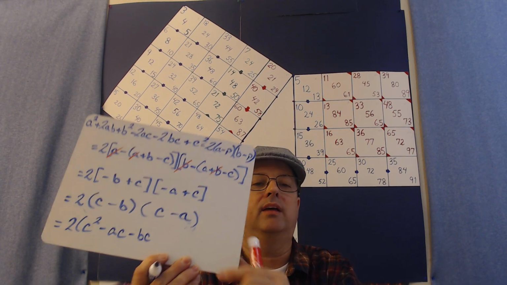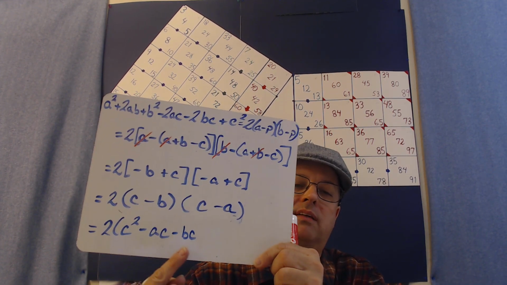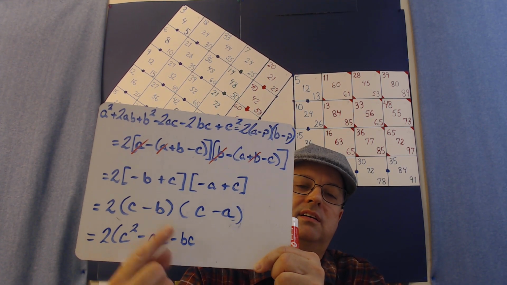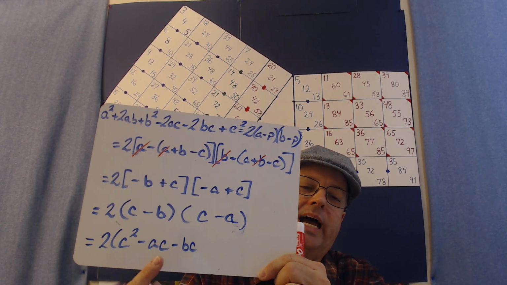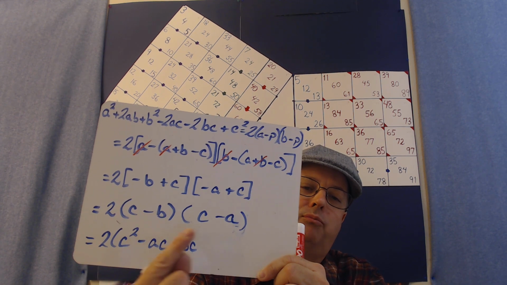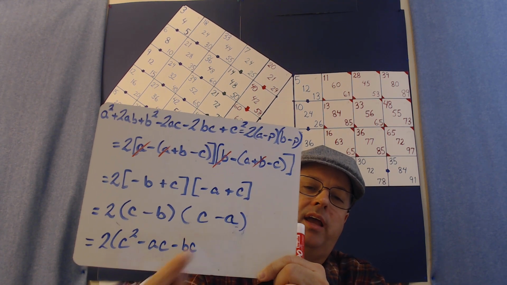Okay, minus BC. Minus BC. And then negative B times negative A is positive AB.